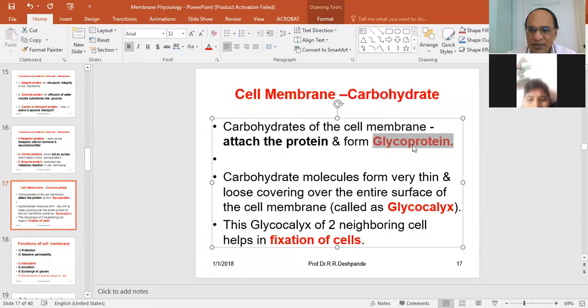These carbohydrates join and form the layer called glycocalyx, a thin layer of carbohydrates. Glycocalyx of 2 neighboring cells helps in the fixation of cells, because carbohydrates are madhura, kafakara, shlisha alingane. Kapha is always needed to take 2 molecules together. So that is fixation of cells by glycocalyx.